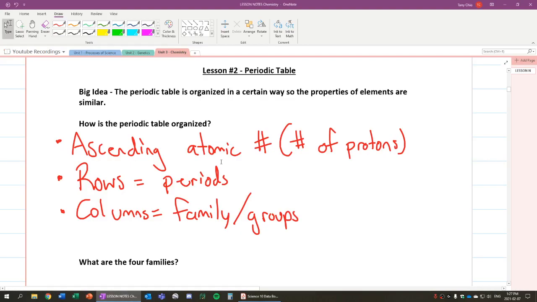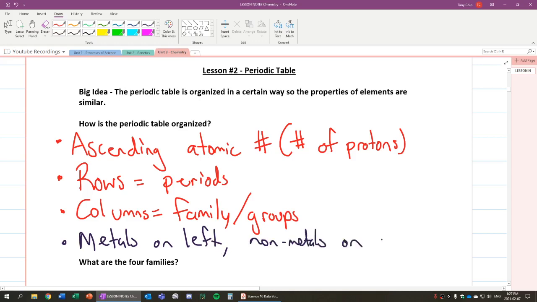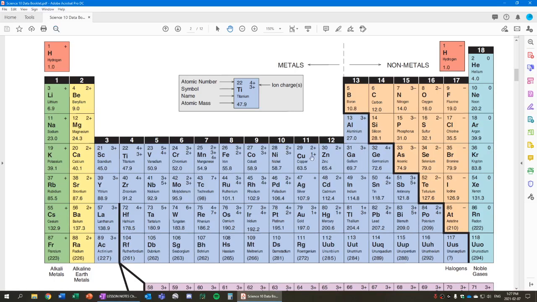Alright, the last thing you notice is that there are metals on the left, non-metals on the right. So right here are our metals. Our metals are all these blue ones, and our non-metals are over here.